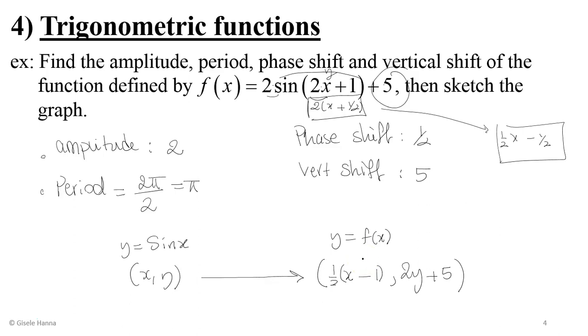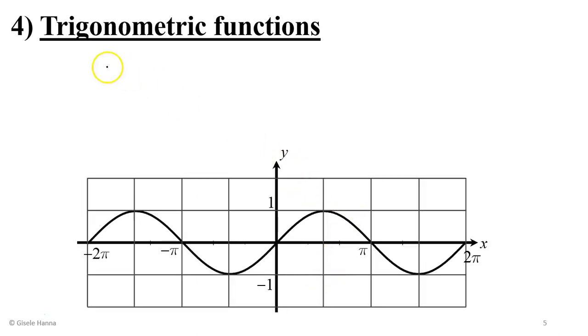However, in order to graph, now you do know some particular points on the original sine function. So all you have to do is just transform them. So I'm going to rewrite the transformation here. So x, y is transformed into half x minus half, 2y plus 5.